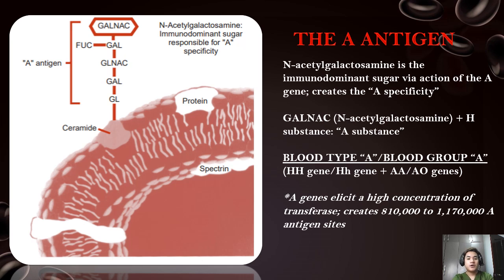It means, therefore, that the inheritance of A gene may highly lead to the conversion of almost all of the H antigens on the RBCs into approximately 810,000 to 1,170,000 A antigenic sites, most particularly on A1 adult RBCs. And this is mainly one reason why blood group A is the second most common ABO blood group.